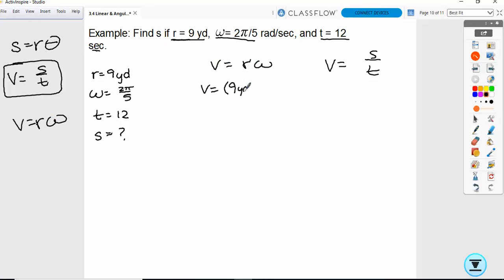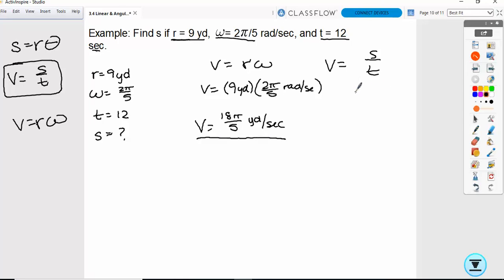If you don't know V, R is 9 yards, omega 2 pi over 5 radians per second. So yards times radians, the radians just disappear, so we get 18 pi over 5 yards per second.